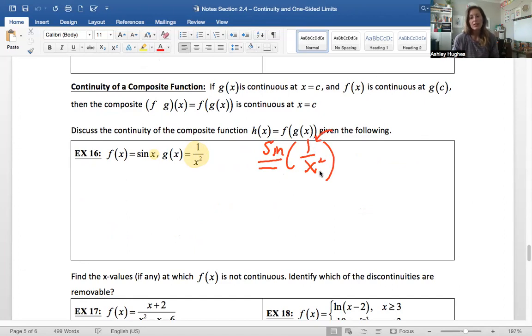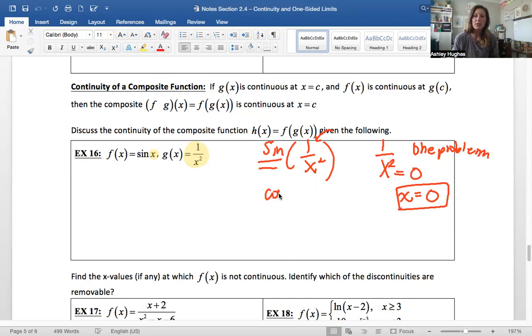This guy, 1 over x squared, has one problem. It's when its bottom equals 0, because you can't divide by 0, and that would happen at just x equals 0. That's the only thing squared that gives you 0. So this would be continuous everywhere except x equals 0.